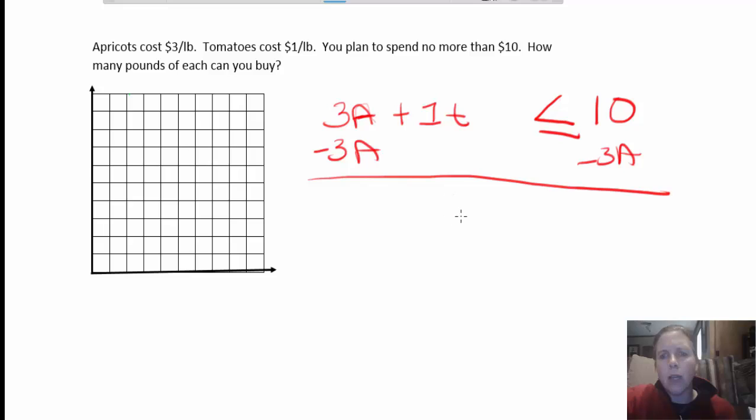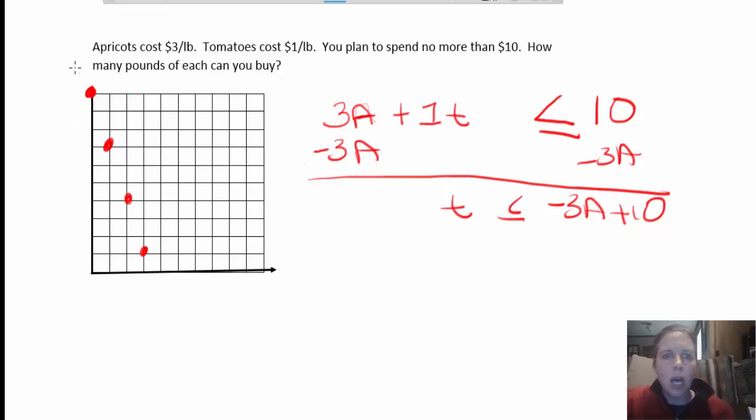So that makes 1 tomato less than or equal to -3A plus 10. Okay, so now it's in y-intercept form. We go up to 10: 1, 2, 3, 4, 5, 6, 7, 8, 9, 10. We go down 3 to the right 1, down 3 to the right 1, down 3 to the right 1.